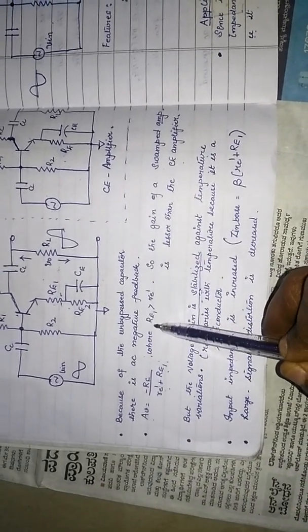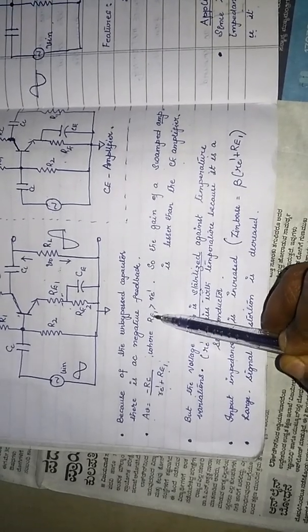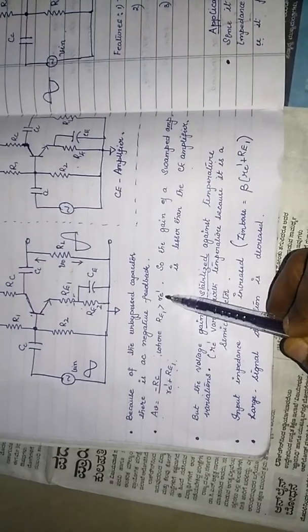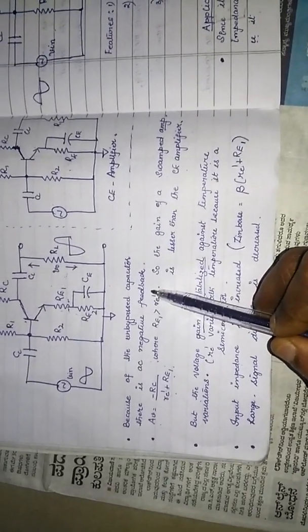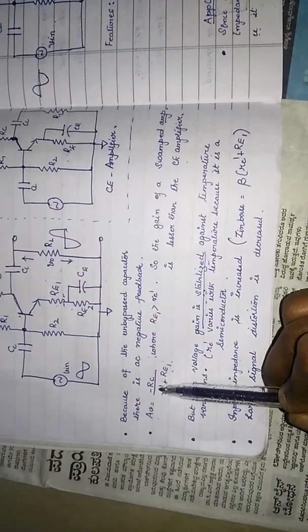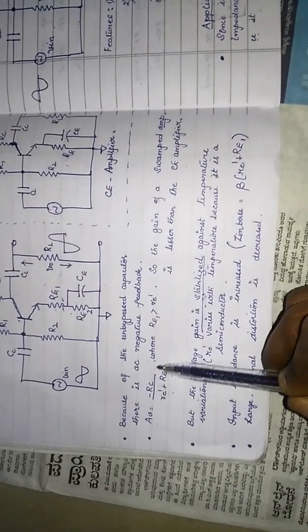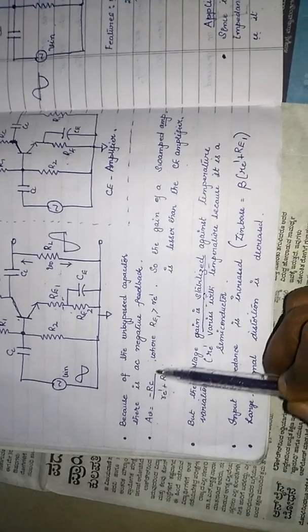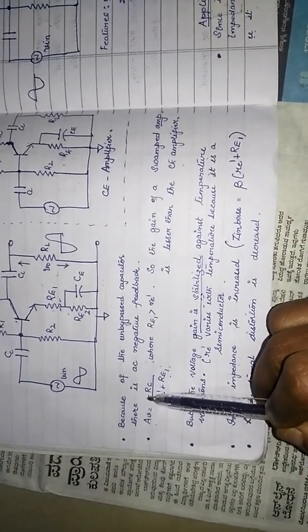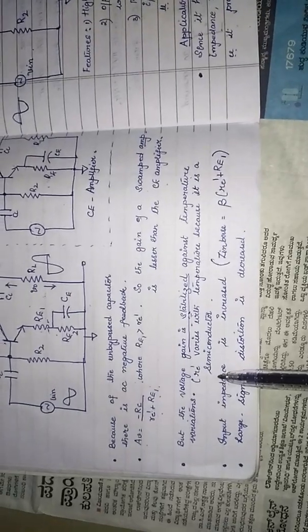That's why I have written RE1, the swamping resistance, is very much greater than the AC emitter resistance RE dash. So when this becomes a large quantity, this is a small quantity. Any changes in this will not be affecting the denominator. So if the denominator is not changing, then the overall gain will be constant. So that is why this particular amplifier is also called a gain stabilized amplifier, or the gain is stabilized.